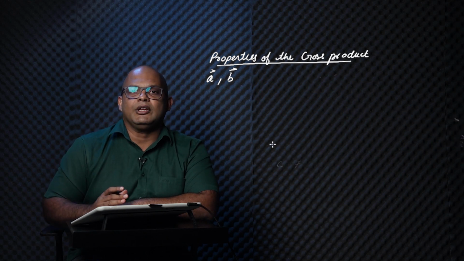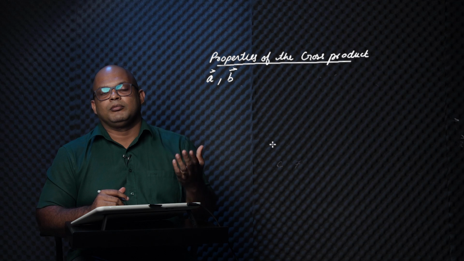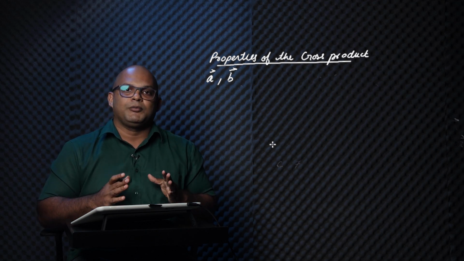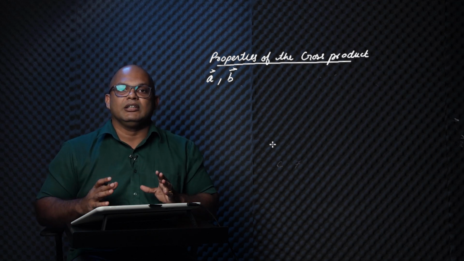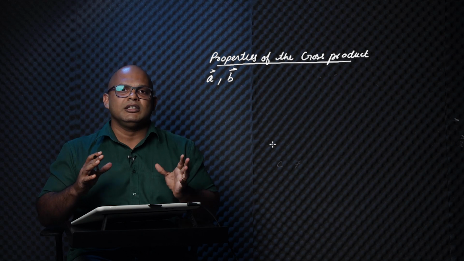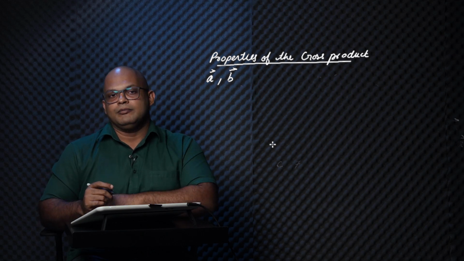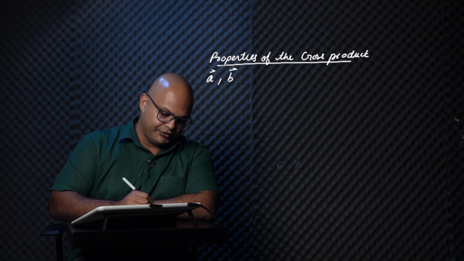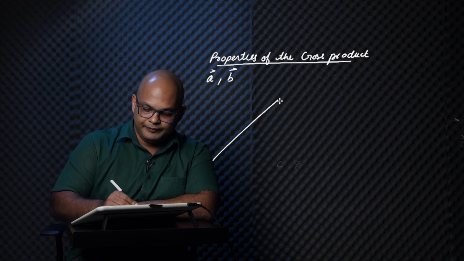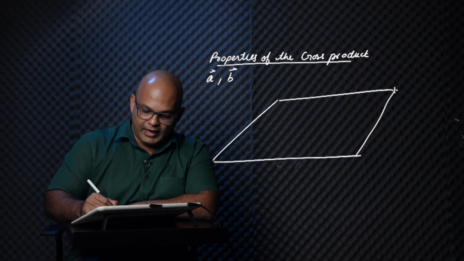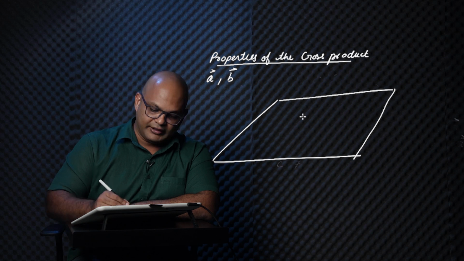Another interesting property of the vector product, which is different from the scalar product, is that the vector product behaves very differently under reflection. What does that mean, under reflection? Let's say again, we are dealing with two vectors A and B. Let's say that we have a surface, a plane, and on this plane we have two vectors.